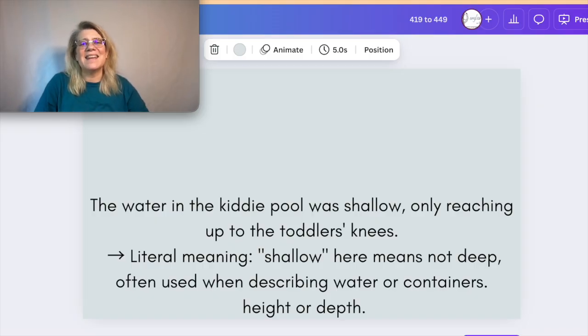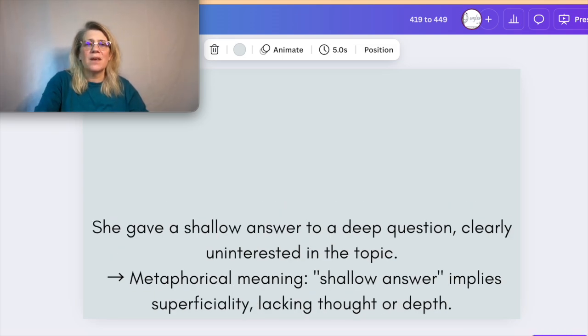The water in the kiddie pool was shallow, only reaching up to the toddler's knees. Shallow here means not deep, often used when describing water or containers' height or depth. She gave a shallow answer to a deep question, clearly uninterested in the topic. So here, a shallow answer implies superficiality, lacking thought or depth.